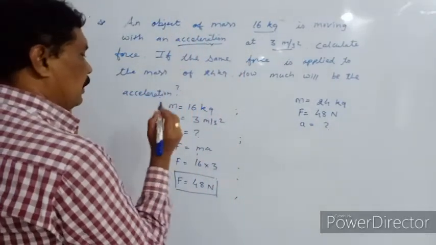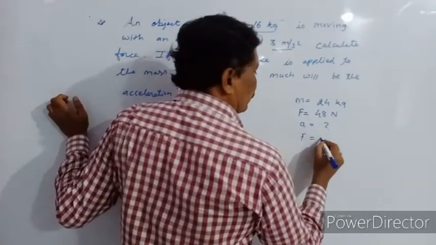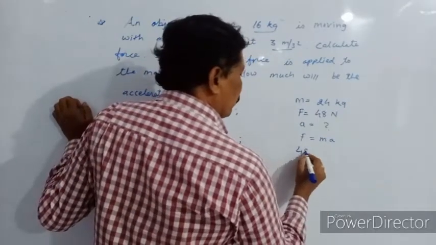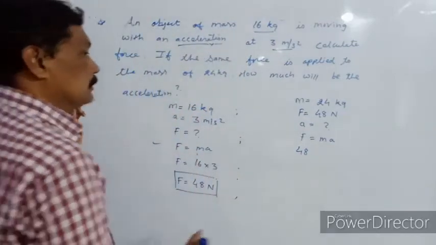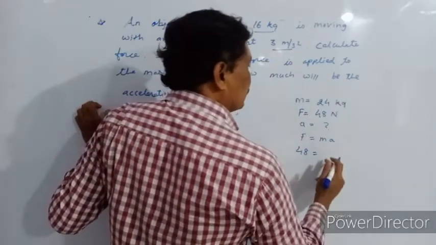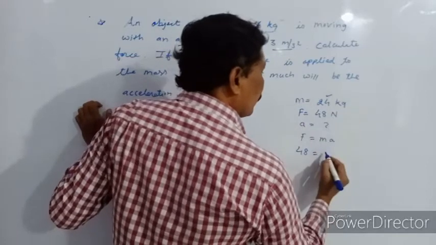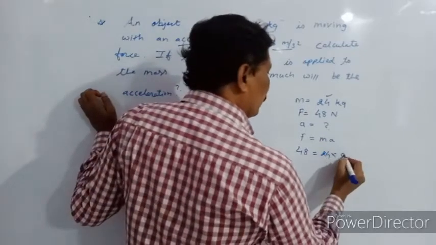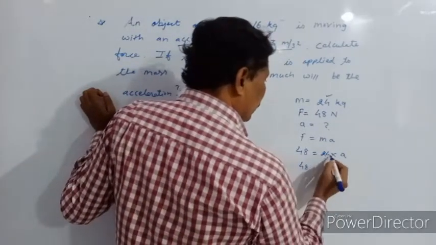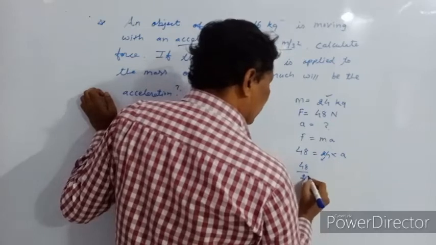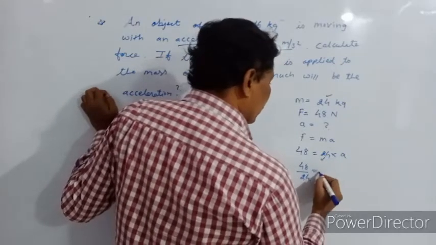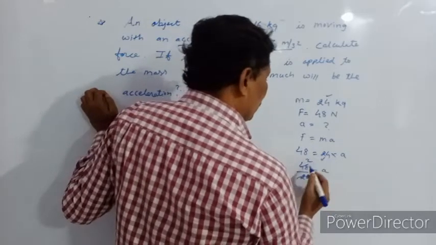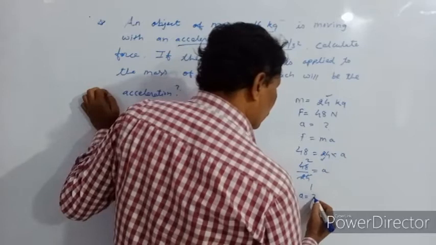Again we have the formula, F is equal to ma. F we have, that is 48, which we have found out, is equal to the mass, which is 24, into A. So 48, this will come down, multiplication will go into division, is equal to A. 24 ones are 24, 24 twos are 48, therefore A is equal to 2.